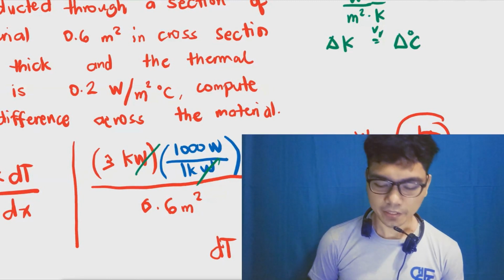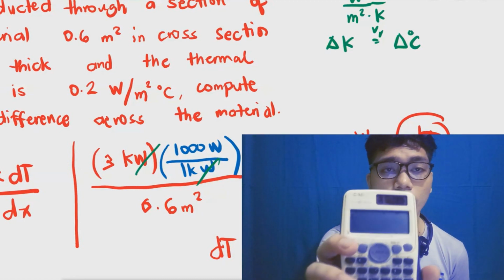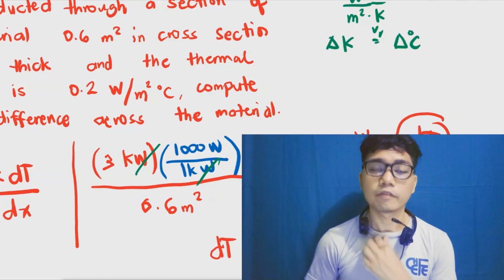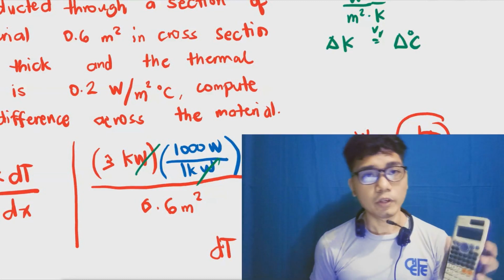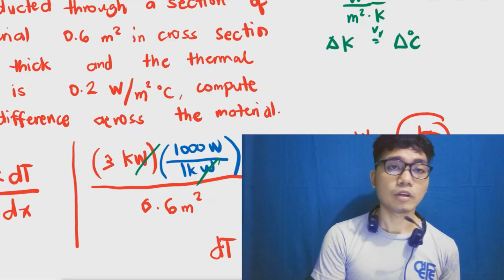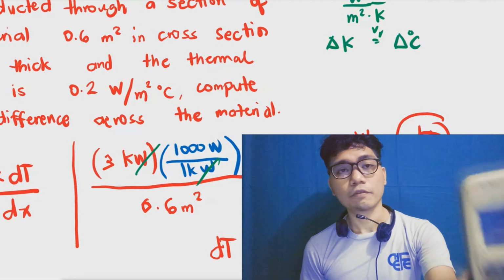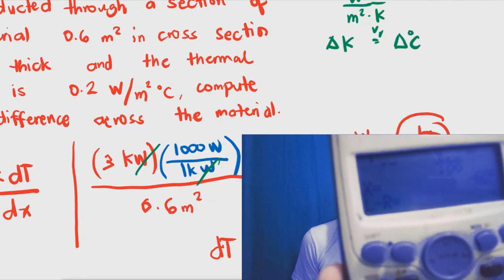Okay, so I'm back. So I know you're already familiar with how you do shift solve, but still I will do this for the sake of everyone in the group. Okay? So when using shift solve, you can simply type in what's written on the whiteboard, and then you'll find the value of x, which is the temperature difference.